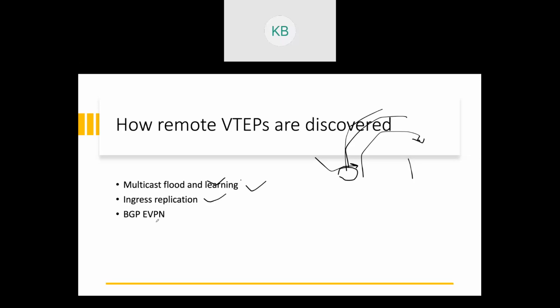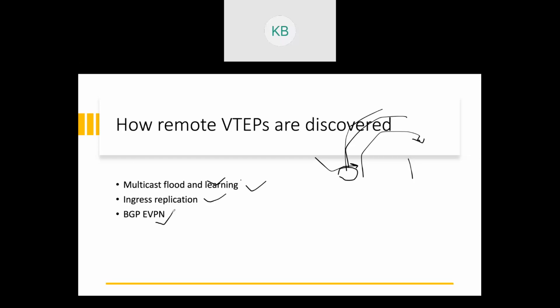And finally, the control plane, which is BGP EVPN. This is going to pretty much eliminate the need of broadcast and multicast in most of the cases, because your control plane would already be built as soon as any host comes online. So likely you don't need to flood too much.